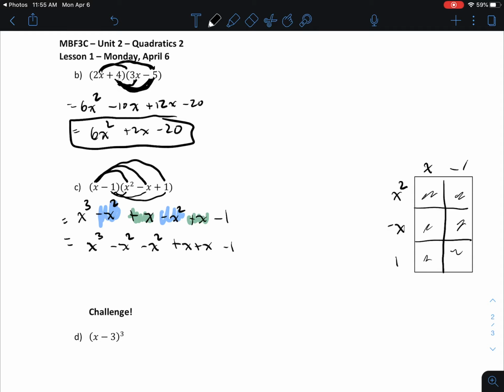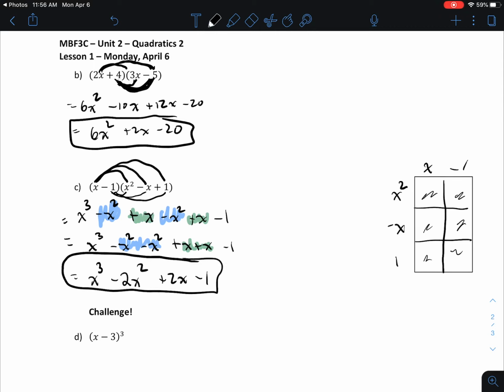Okay, and then my final answer is by collecting the like terms. Right? So x cubed, negative x squared minus an x squared should be negative 2x squared. Plus x should be plus 2x minus 1. That should be your answer.